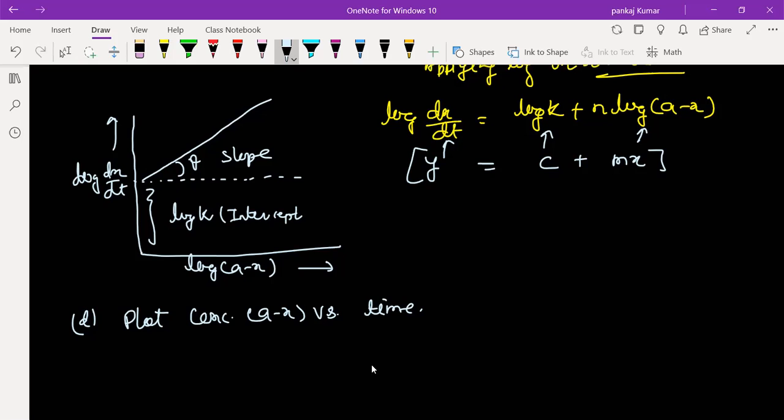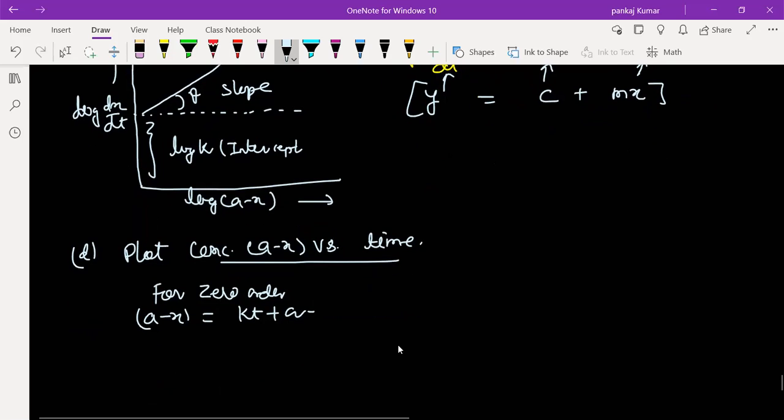Again we can plot the different graphs that we know. For zero order, we know a minus x is equal to kt plus a. This is already known. If you compare with the equation of a straight line, this is the y, and this is the mx plus c.